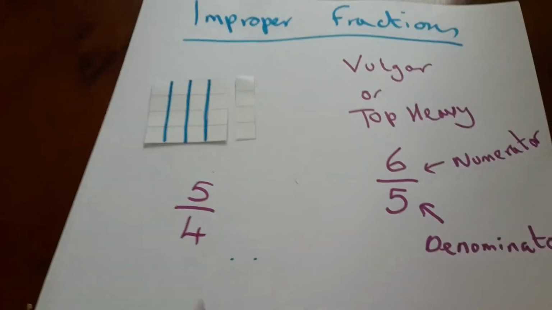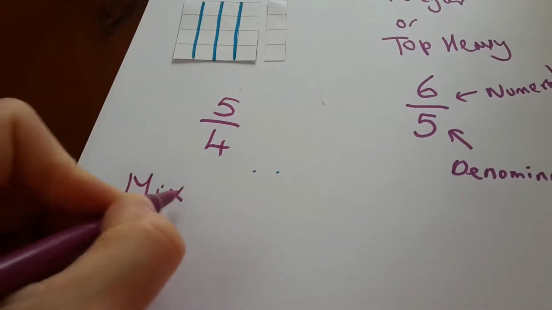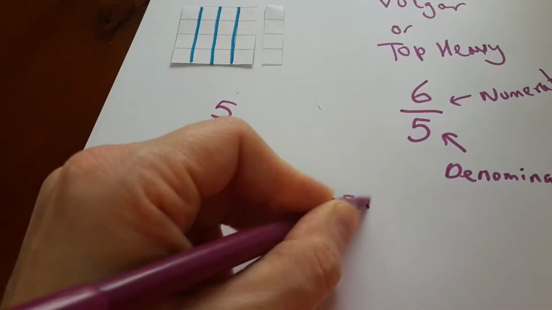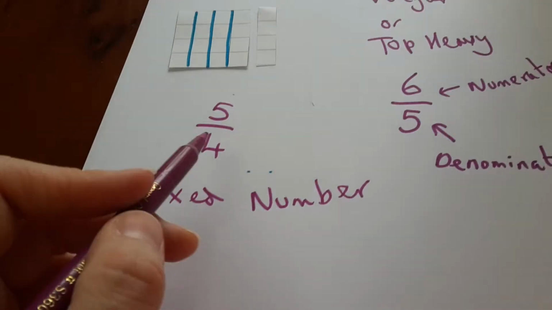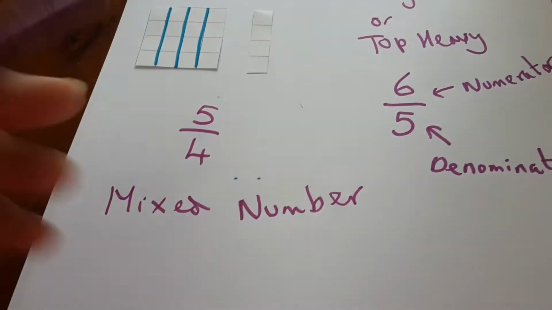Quite often you need to turn them into a mixed number. Now a mixed number is when you have a whole value and a fraction with it. So for example here, I had a whole one and a quarter.